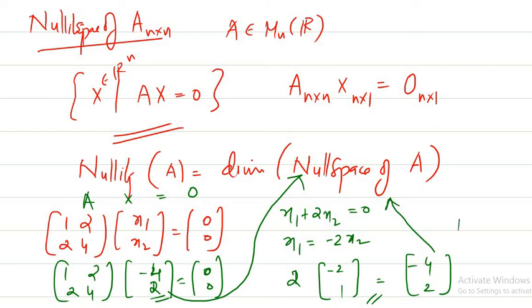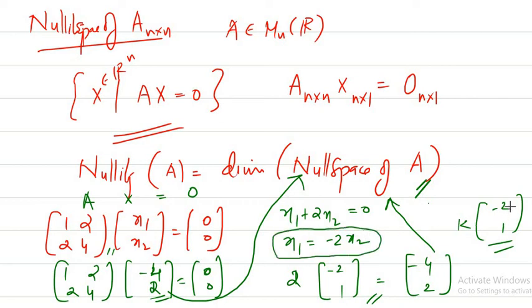So any vector of the form k times minus 2, 1 will be in the null space of this particular matrix A. That means any vector in the null space will have this property. So any such vector can be generated using this one alone, that means k times minus 2, 1.